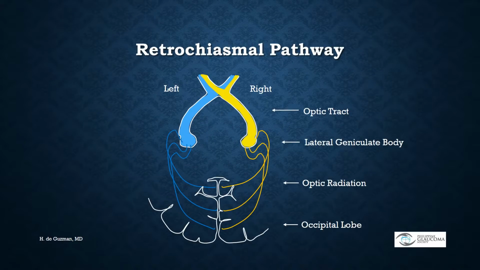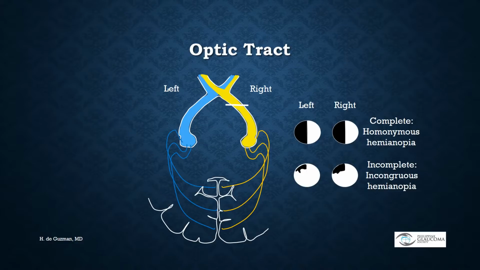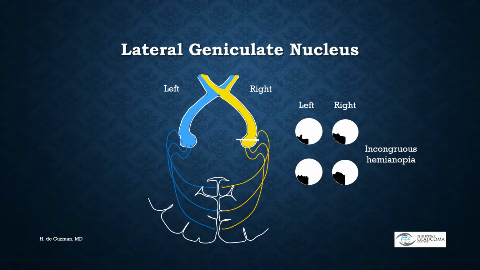So now we go beyond the optic chiasm, which is called the retro-chiasmal pathway, and it's made up of the optic tract, the lateral geniculate body, the optic radiations, and the occipital lobe. A right optic tract lesion would produce these kinds of defects, and a right LGN lesion would produce these kinds of defects.